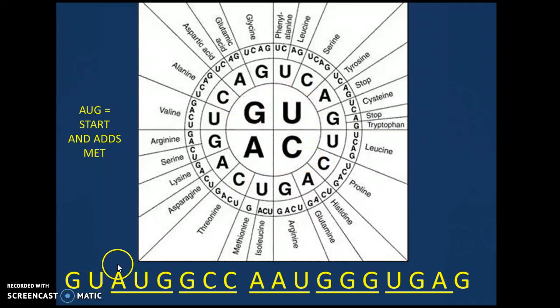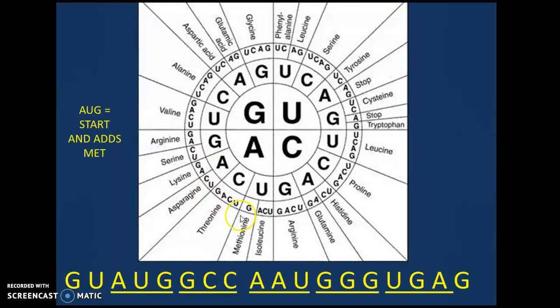So here's our start codon, our first letter is an A. So we start at A, and then we're going to move outward to find U and then G. So AUG codes for methionine. It's also the start codon. Some versions of the genetic code will say that, others will not. To make that clear, I put it here. And on the one you have, I've also indicated it by writing it in.